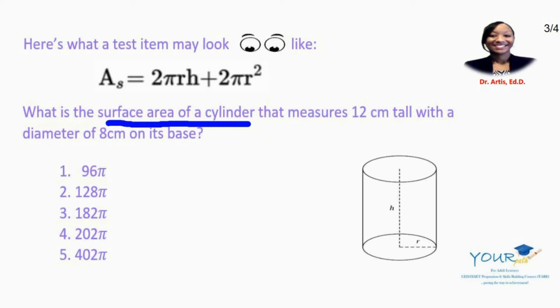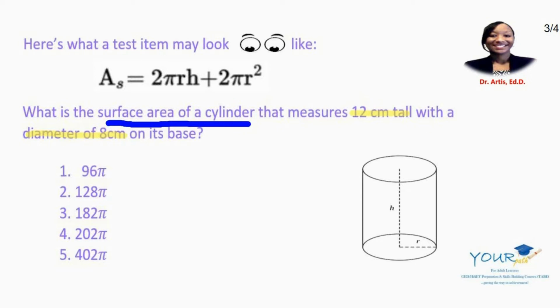When we look at our question, we see that we do have some information made available to us. We know the height of the cylinder, which is 12 centimeters tall, and it also gives us the diameter of the base of the cylinder, which is 8 centimeters. However, we will need to know the radius, not necessarily the diameter, in order to solve this problem.